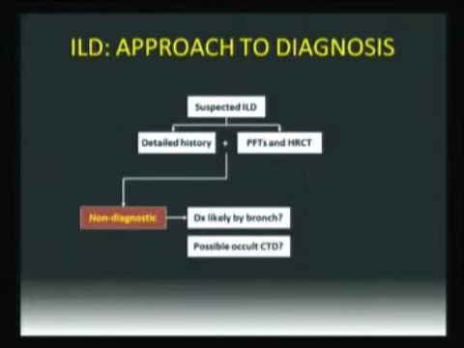But in a fraction of these diseases, this part is not enough. That means that you need to ask yourself, do I need bronchoscopy? Or it is possible that this patient has a non-obvious connective tissue disease. And I think these are two critical questions to ask yourself.